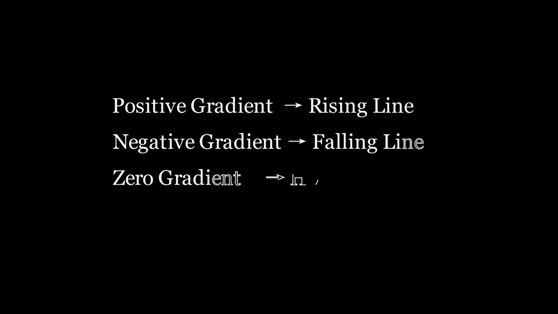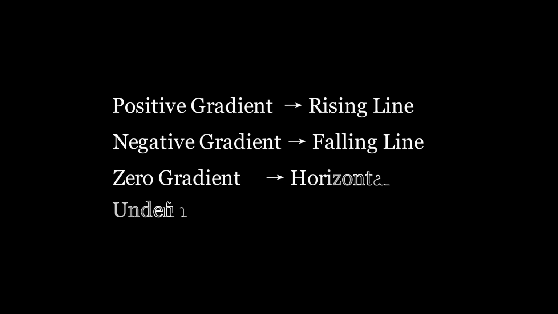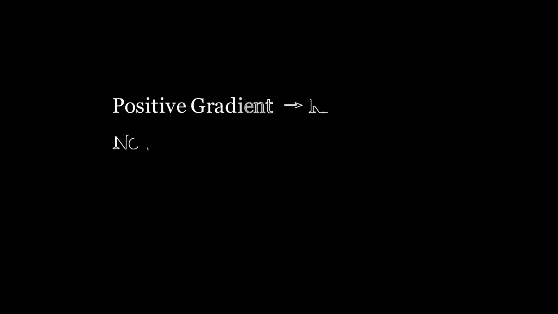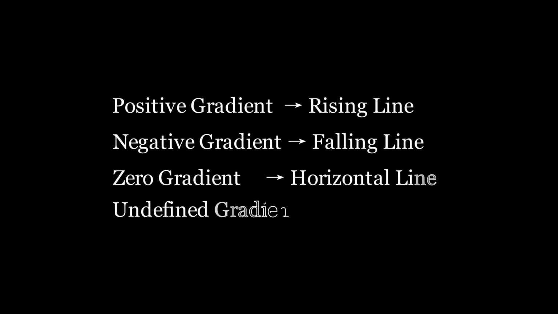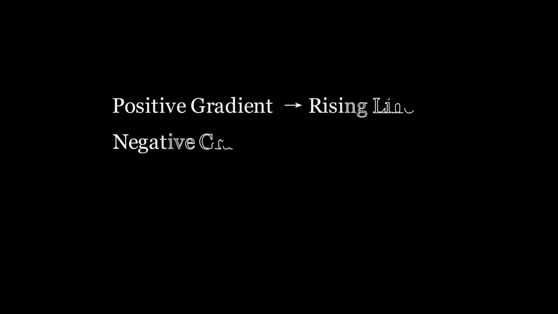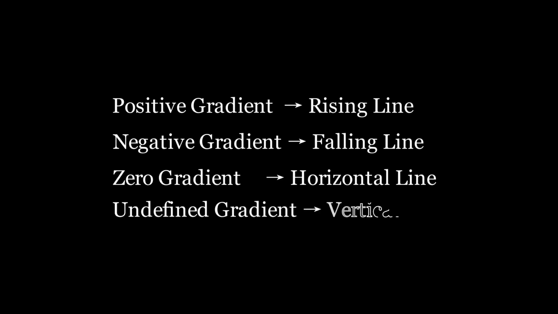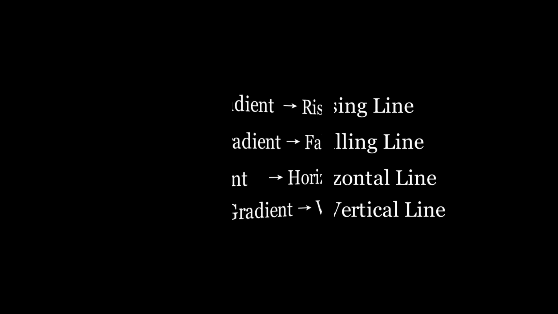A positive gradient rises from left to right. A negative gradient falls from left to right. A horizontal line has a gradient of 0. A vertical line has an undefined gradient. Always remember, gradient equals rise over run.